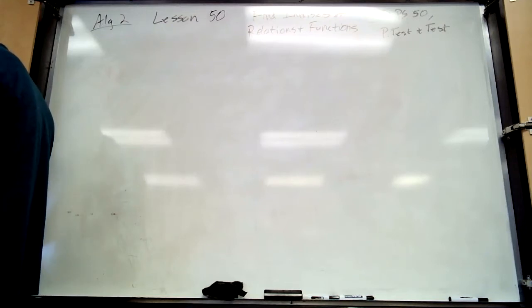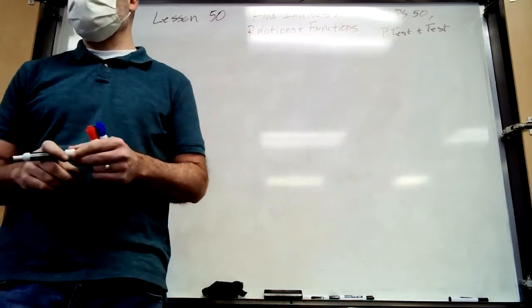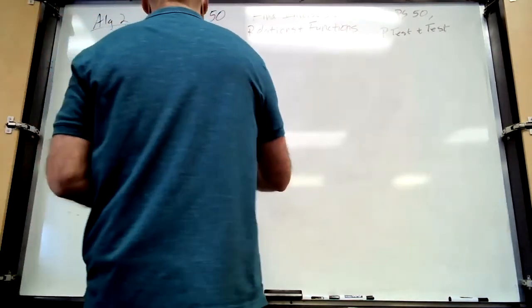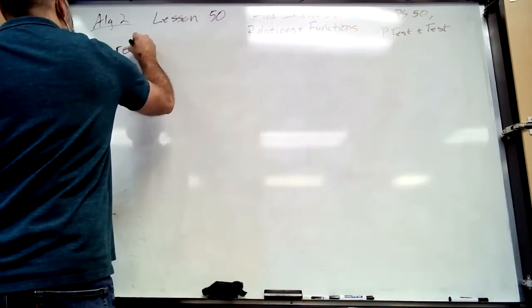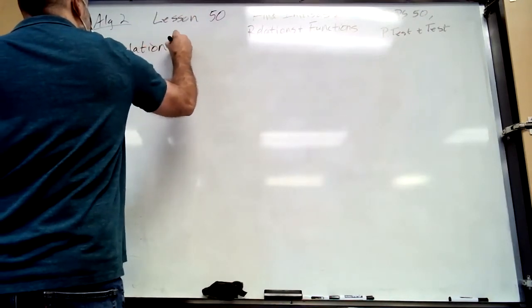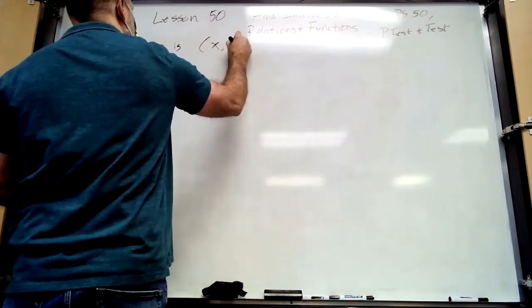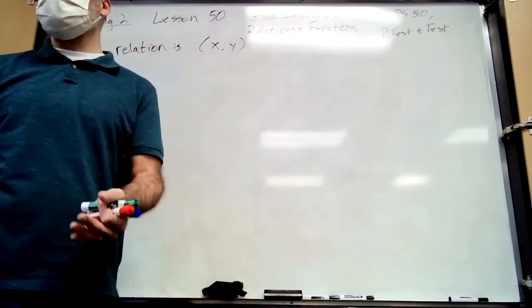Okay, so basically a relation is a set of ordered pairs. Okay, so a relation is a set of ordered pairs, like x, y, or x and y can be whatever.